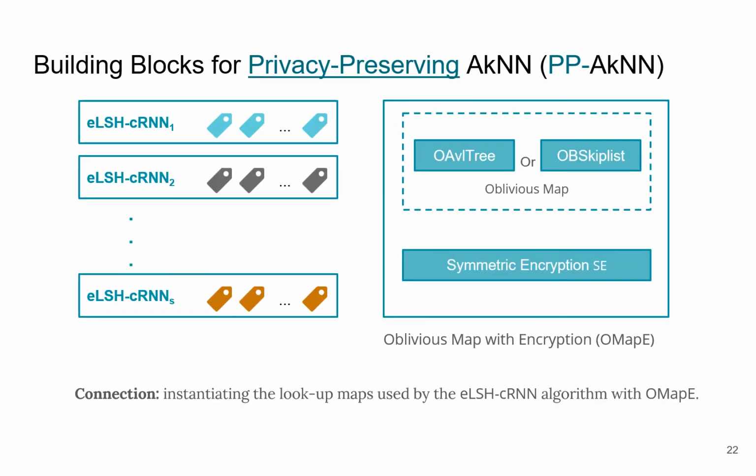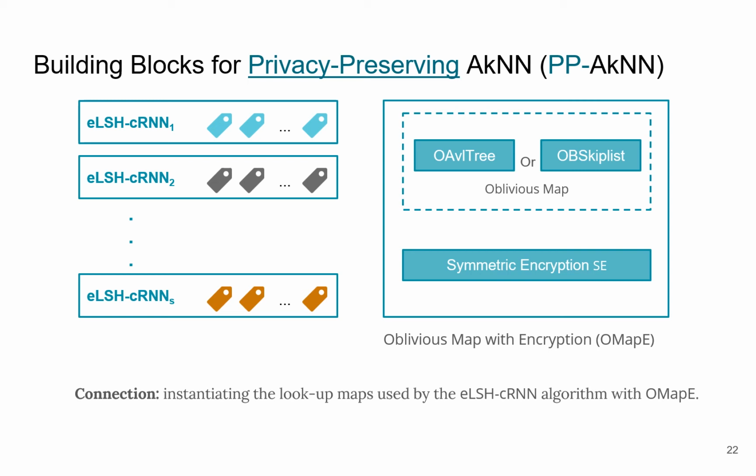So far, all I have described are for the unsecured AKNN solution. So how to build a secure one? The idea is that we can instantiate the unsecured lookup map with a secured version. The building block we call oblivious map with encryption, or Omap-E.